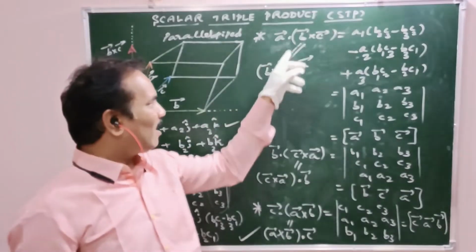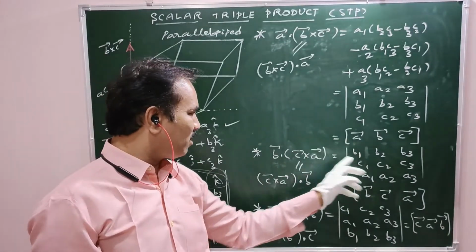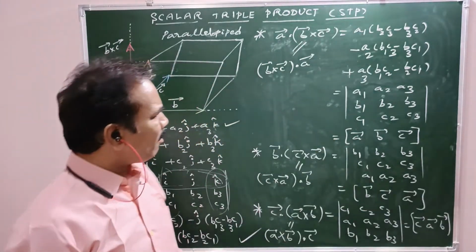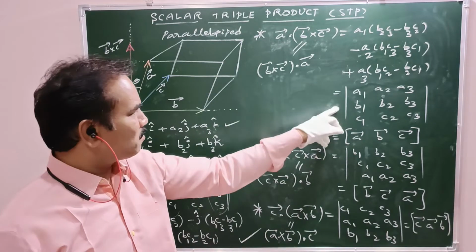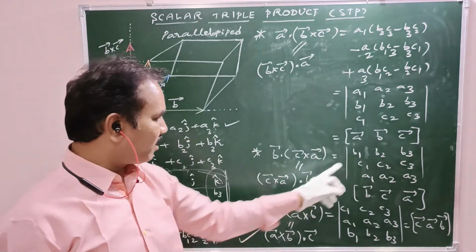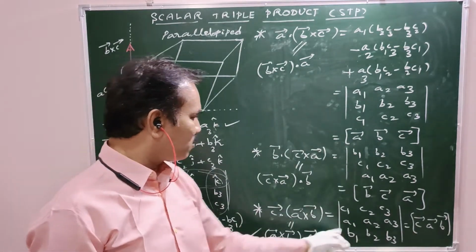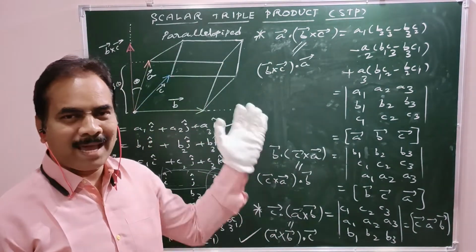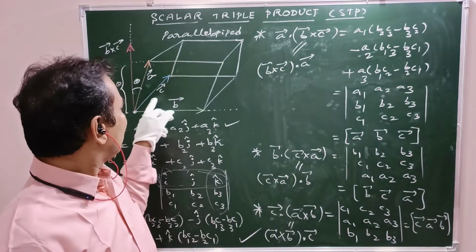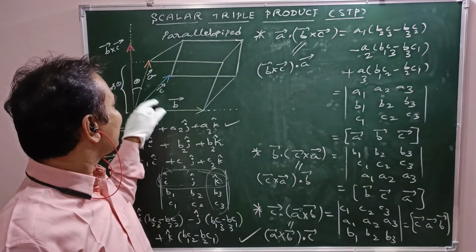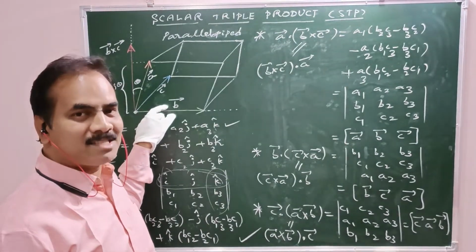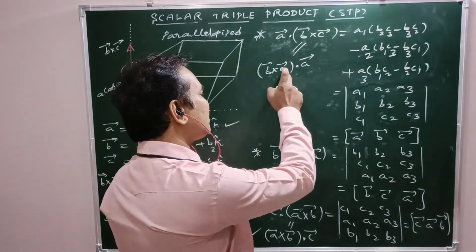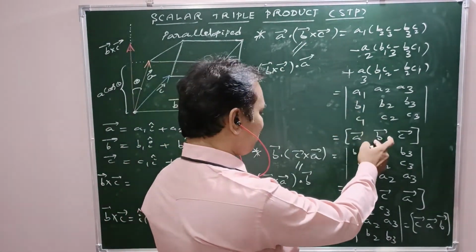Ultimately, all these expressions represent the volume of the parallelepiped formed by three non-zero coterminous vectors as the edges of the parallelepiped. So this is also volume, this is also volume, this is also volume.